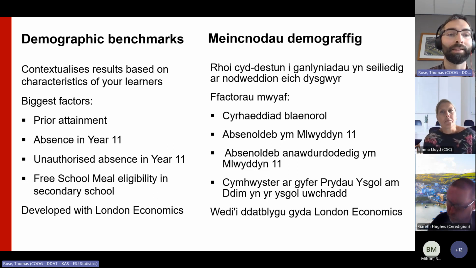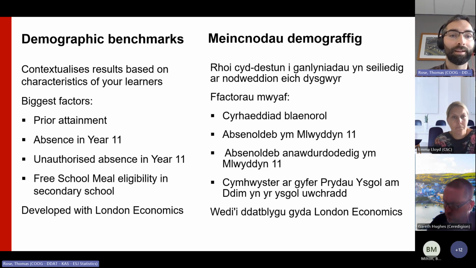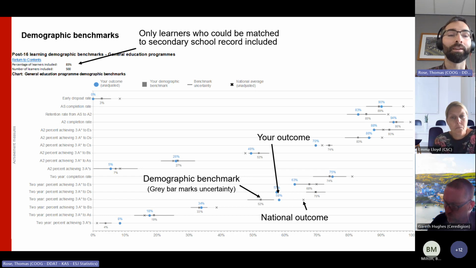The biggest factors are their prior attainment, their absence rates in year 11, and whether they were ever eligible for free school meals during the pre-16 secondary school period. They were developed with London Economics, and this is what they look like for the programs. So this is the General Education Program benchmark.